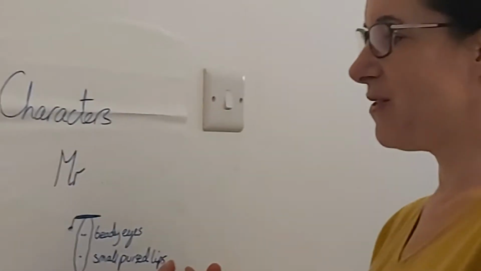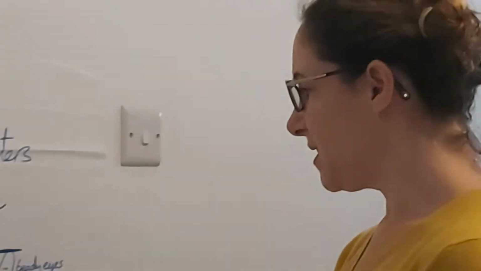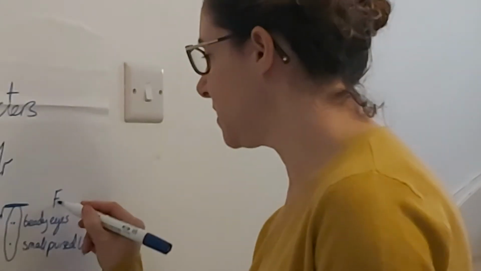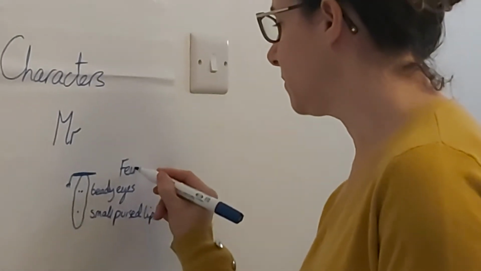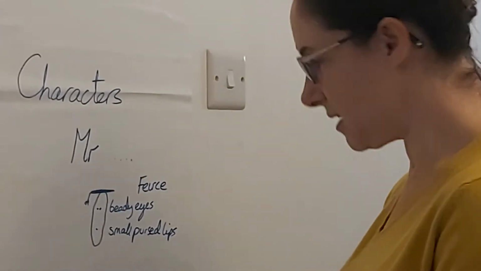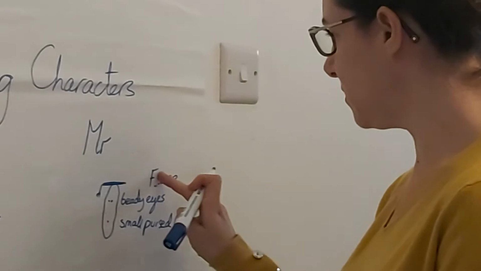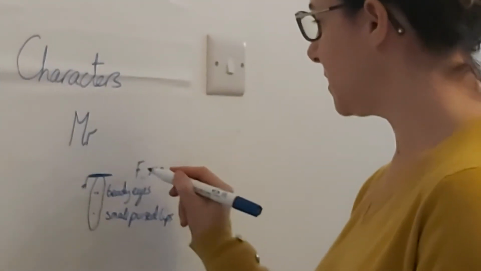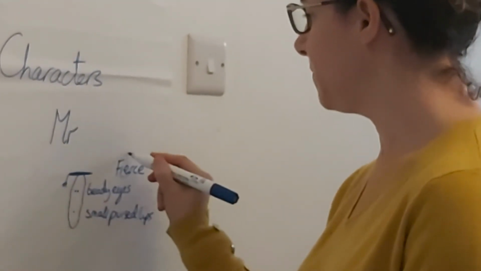So rather than saying how he feels, we're thinking how we're going to show it. So how am I going to show that he's fierce? I'm going to write fierce. I before E except after C. I don't know why I did EI. I before E except after C. There we go.